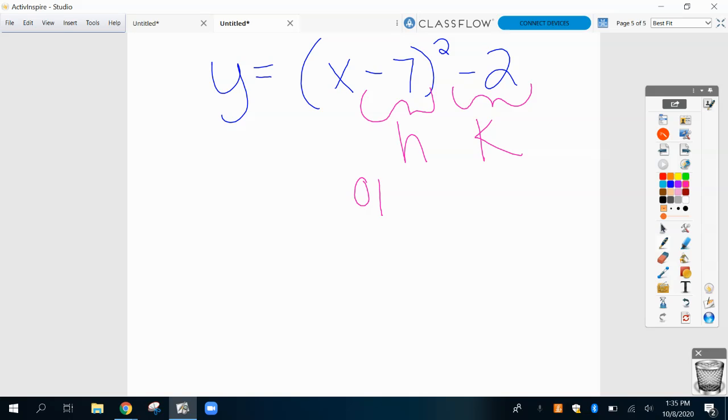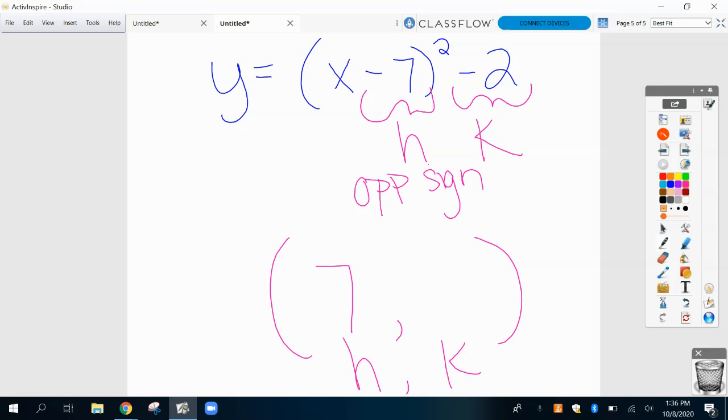We always need to take the opposite sign of h. So our vertex again is h comma k, where we are taking the opposite sign of h. So it looks like a negative 7, but I am going to write it down as a positive 7. Now the k stays the same, so it looks like a negative 2, so I'm going to keep it as a negative 2. So that one will also be fill in the blank. You will just fill in the blanks with the correct values.